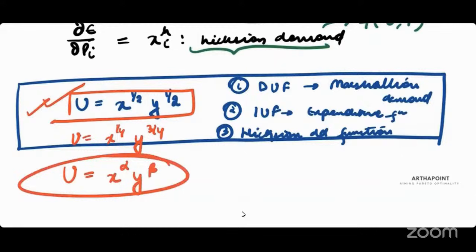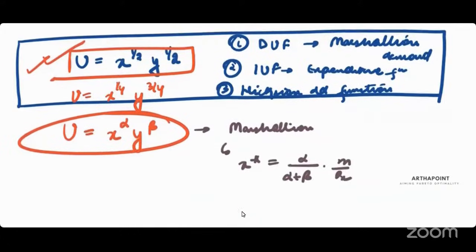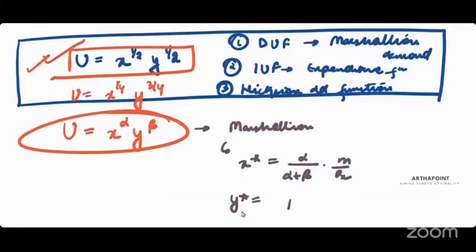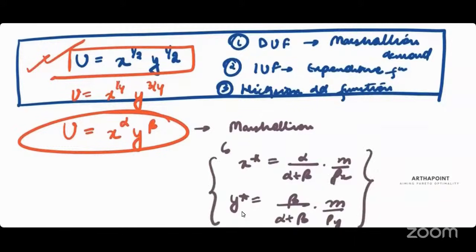Try and show that the Marshallian demand, I am giving you the answer, will come as x star equal to alpha upon alpha plus beta m by px, and y star will come as beta upon alpha plus beta m by py. So this is the answer that you will get.